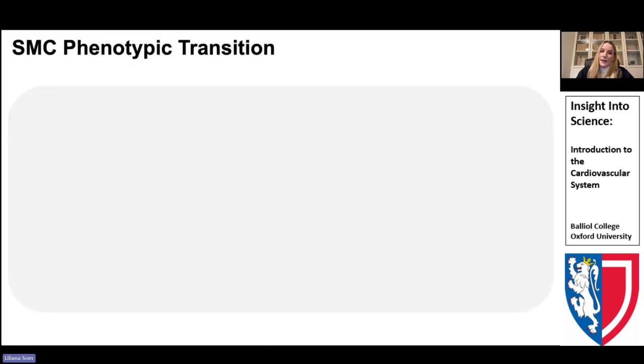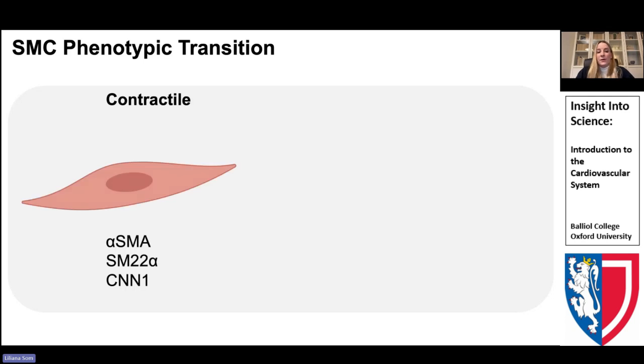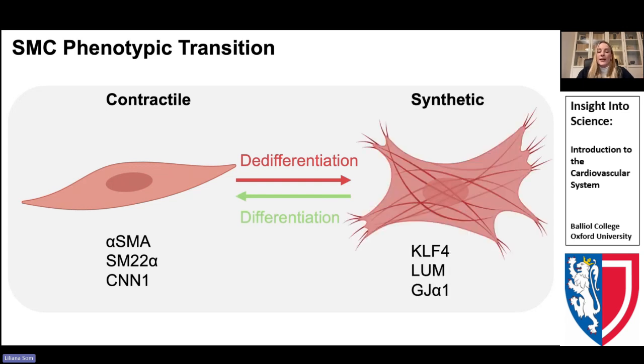So this phenomenon is called the smooth muscle cell phenotypic transition, where we start from a contractile, healthy smooth muscle cell that can de-differentiate to a synthetic phenotype. So it's a de-differentiation because in the developmental process, smooth muscle cells do undergo this intermediary stage through their differentiation.